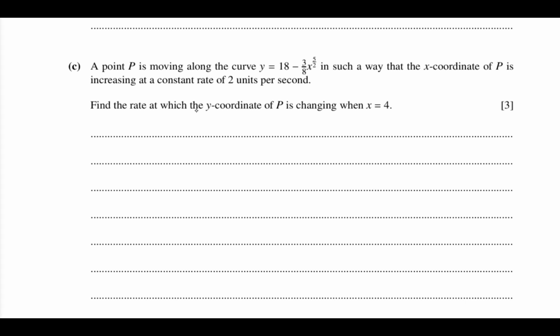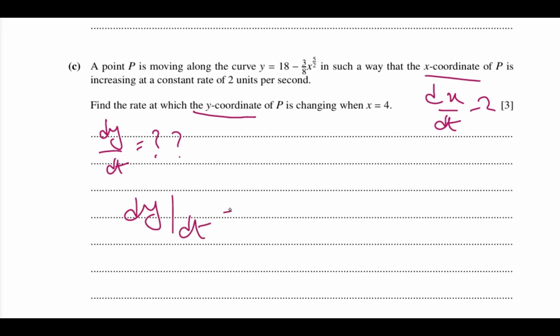So we have to calculate the rate at which the y coordinate is changing. dy by dt is what we require, and since the x coordinate of P is increasing, dx by dt equals 2. So let's write the chain rule: dy by dt equals dy over dx multiplied by dx over dt. dx over dt is already given, but dy by dx is not, so we will calculate it.